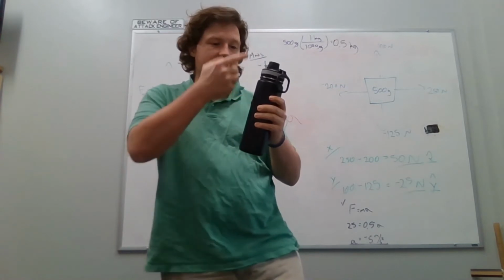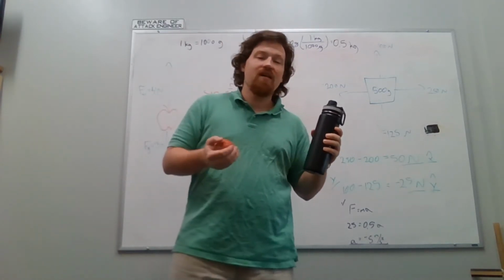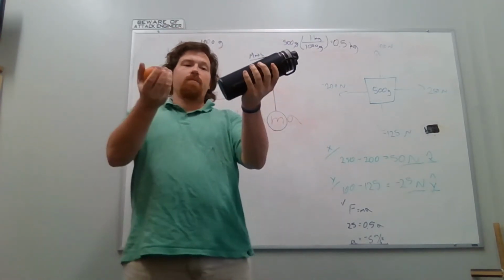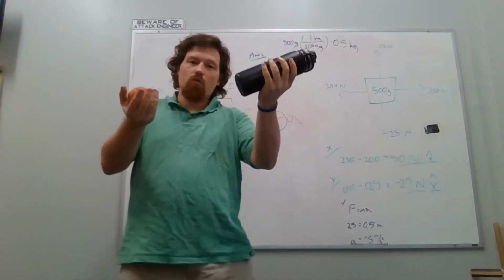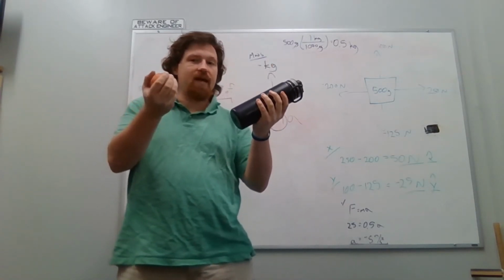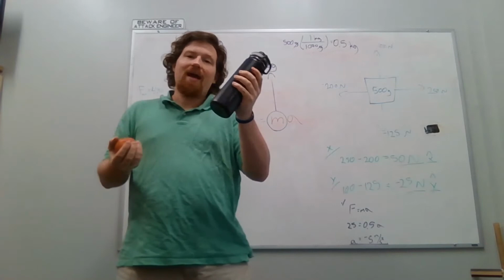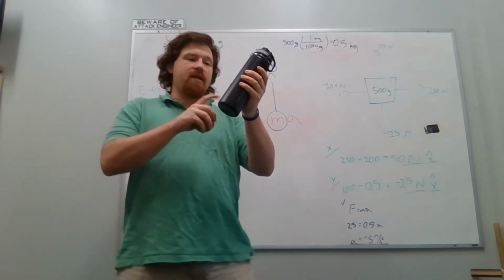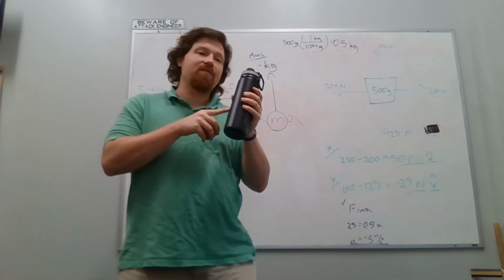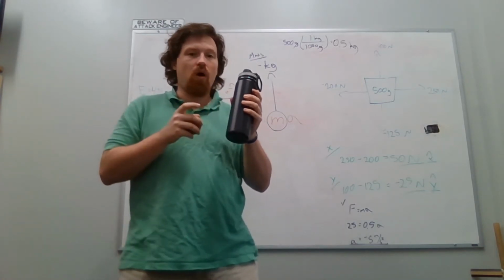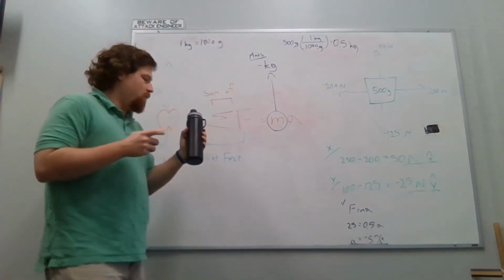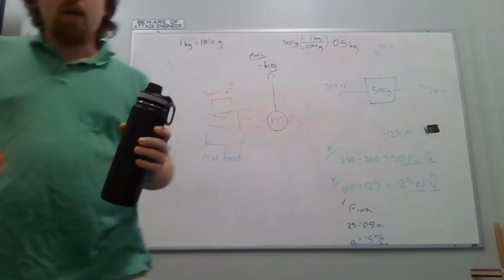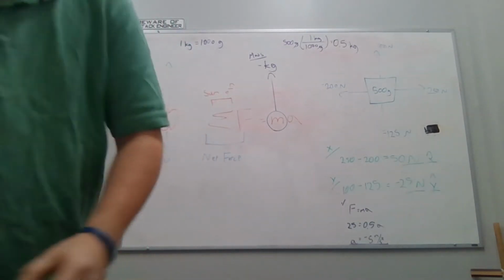Metal is very dense, and this thing is currently filled entirely with water. This water bottle weighs more than this apple. There's more mass in the water bottle for gravity to pull down on, so there is more gravitational force acting on the water bottle at any given moment. And that's because they have different masses.